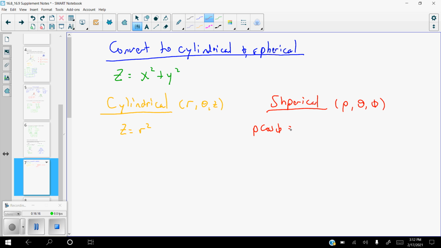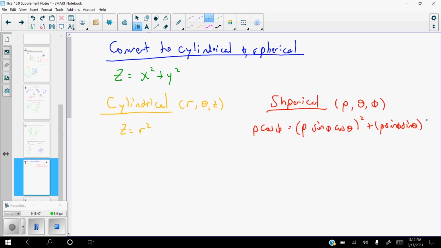x is rho sine phi cosine theta. Remember that rho sine phi is r, times cosine theta. That's what x is in spherical, and that's got to be squared because it's x squared here. And then y is rho sine phi, which is r, times sine theta.